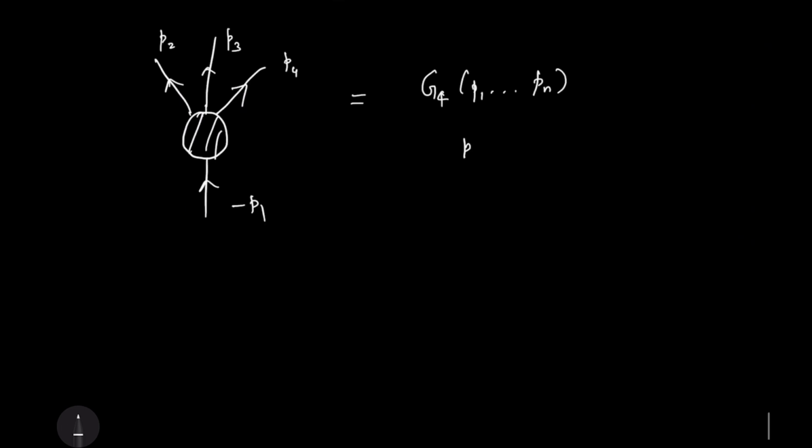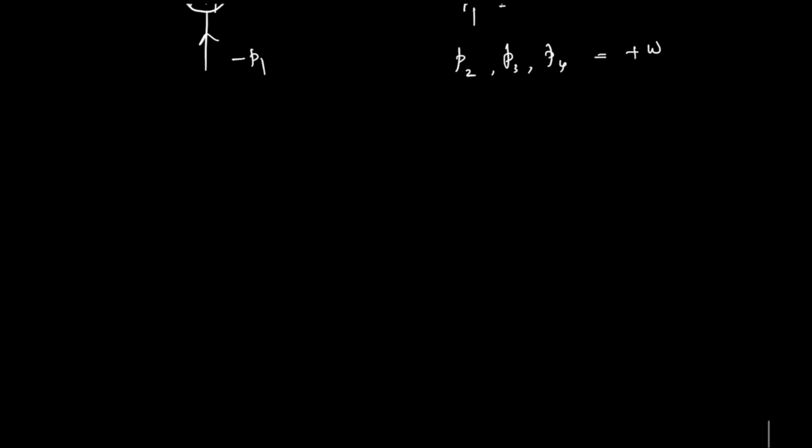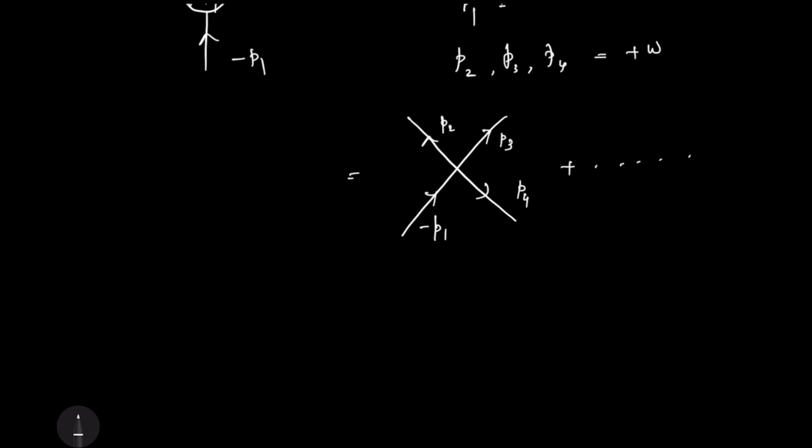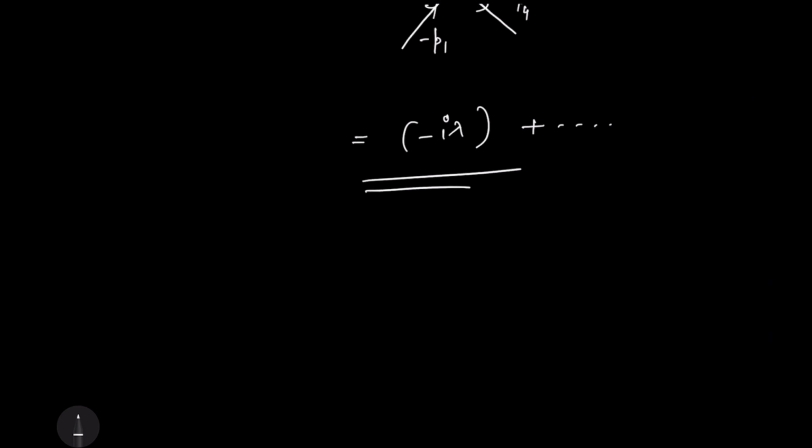Then here p1 will be minus omega and p2, p3, p4 will have positive roots. And in a similar way, you can write the leading order diagram minus p1, p2, p3, p4, right? And in the same way, you will also get a minus i lambda from the vertex plus the other terms.